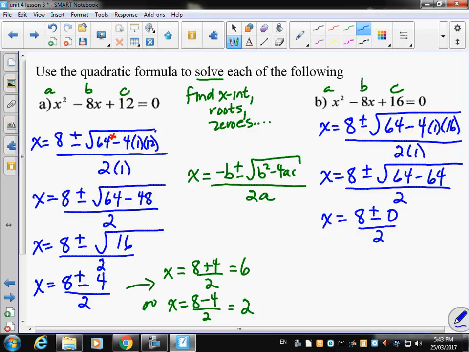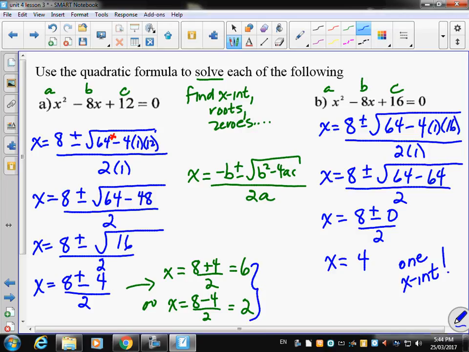This one will only give us one answer. 8 plus 0 is 8 over 2 is 4. 8 subtract 0 is 8 over 2 is 4. This one only has one answer, or one x-intercept.